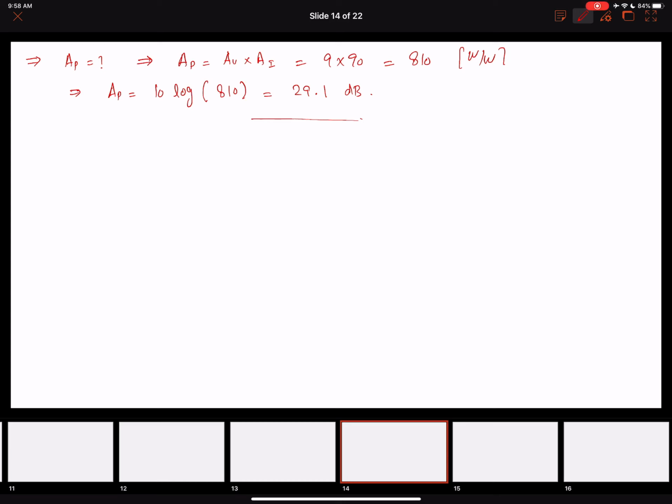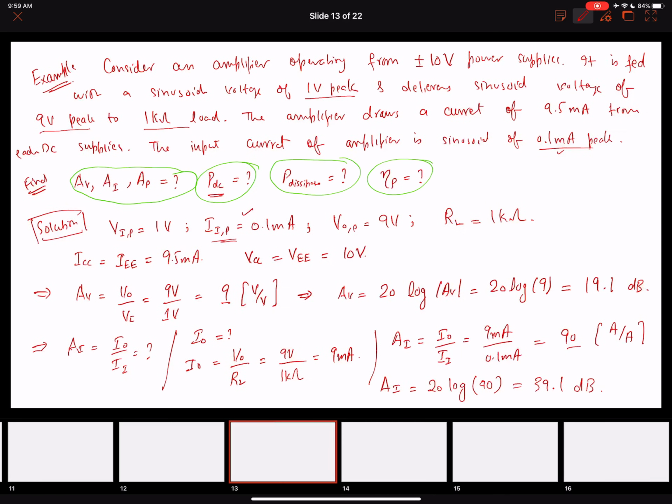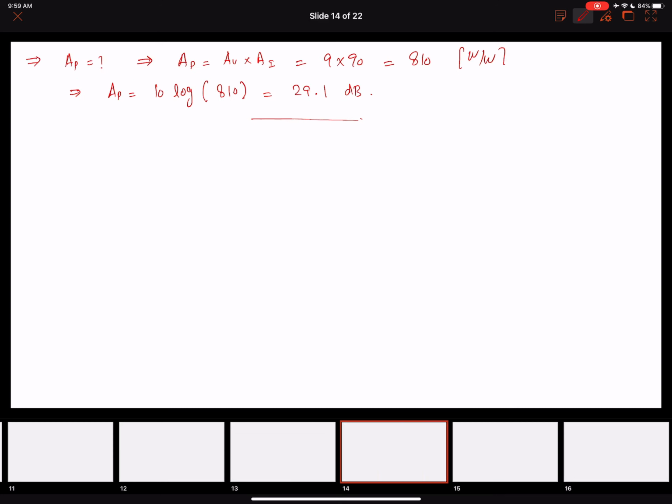Now going back, what's the next thing that we want to determine? The next thing is the PDC. The PDC is the power that is delivered to the amplifier by the external power supplies. Earlier we derived an equation for that. We said that PDC equals VCC ICC plus VEE IEE.